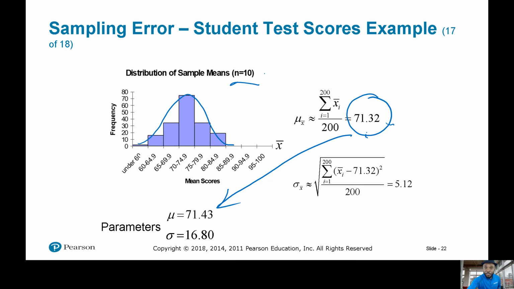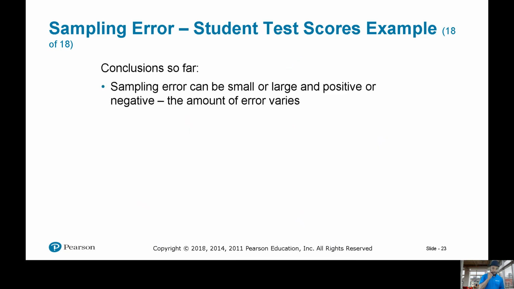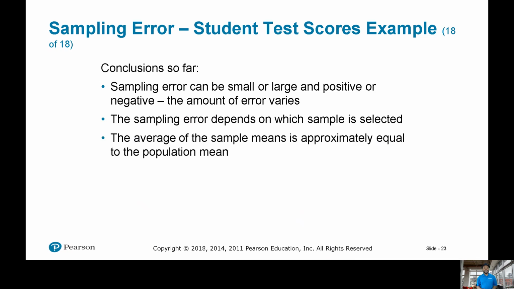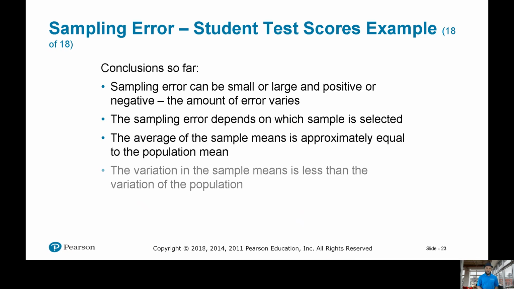Which means that as n increases, the standard error decreases. So what we've seen here is that the sampling error can be small or large, and positive or negative. The amount of error varies, and it depends on which sample is selected. The average of the sample means is approximately equal to the population mean.